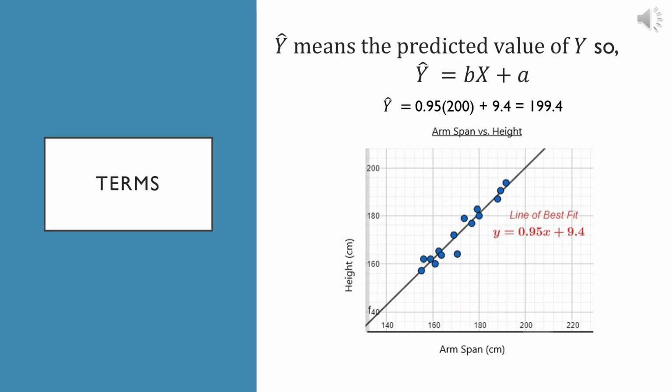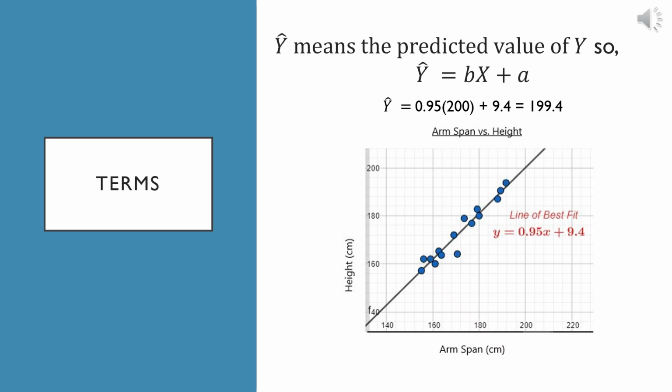So you say 0.95 times 200 plus 9.4, the y-intercept, all of that equals 199.4. So we can say that y hat, we can predict somebody's height should be 199.4 centimeters if their arm span is 200 centimeters.